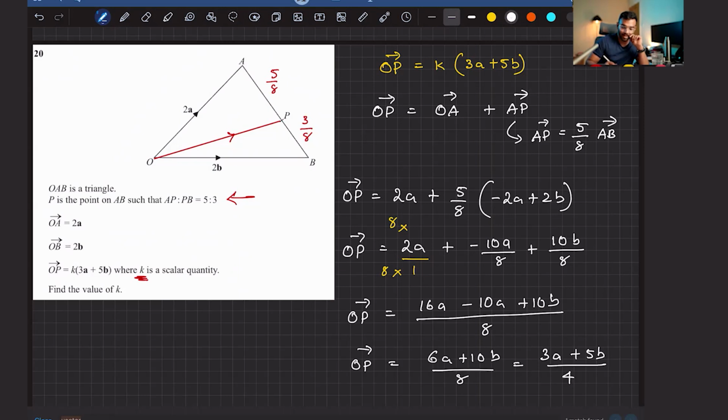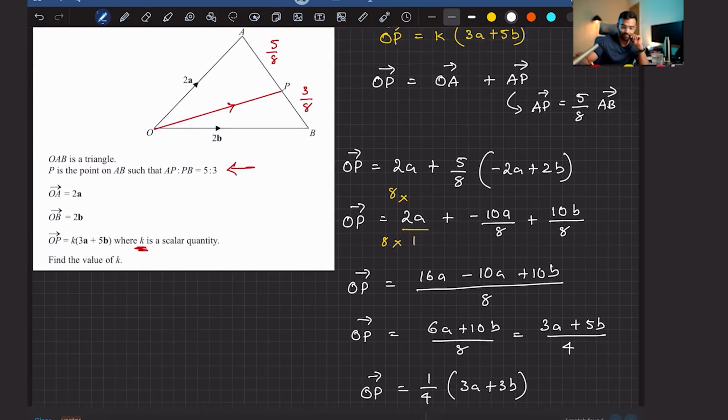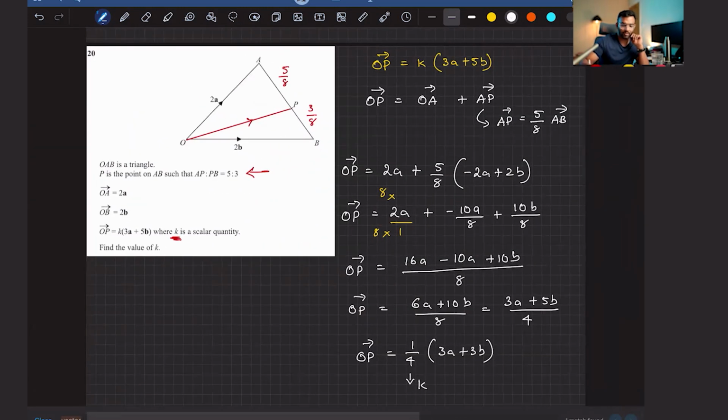And if I take that out, can I write the same thing as OP equals 1 by 4 times 3a plus 5b, everyone? Therefore, this is k. And that was a 4-mark question.